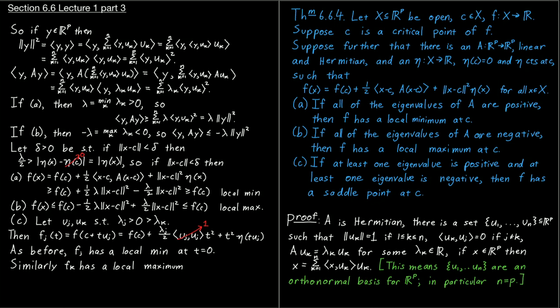You write out exactly the same equation with k's instead of j's, and then you notice that lambda k is negative, so your t squared term is negative. So f has a saddle point at c, and that completes the proof.